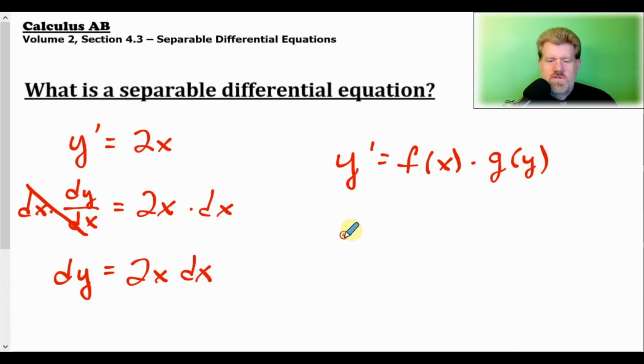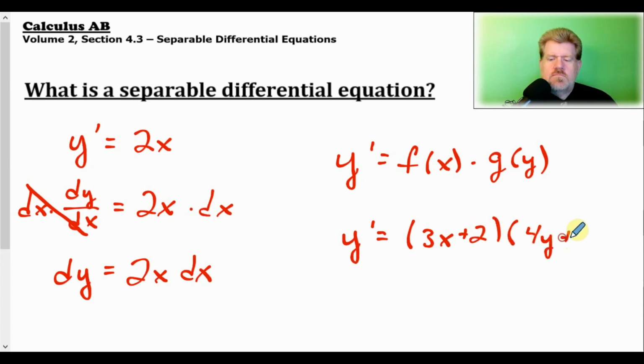Here's a differential equation. There's a function of x multiplied by a function of y. That's a separable differential equation. Separable because we can separate them. We can put all the y's on one side and all the x's on the other side. That's all that it means.